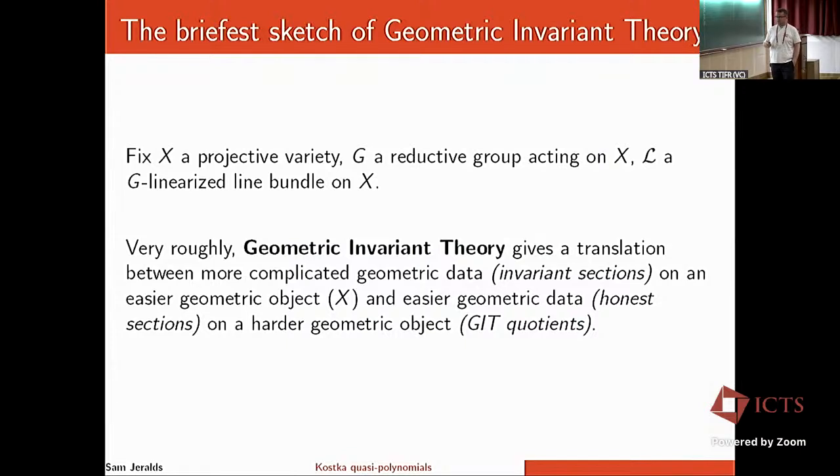So we have an easy geometric object, but complicated data, and we are going to replace it with easy geometric data, which is just honest-to-God global sections of a line bundle, but on a harder geometric object, which is these GIT quotients. So for the purposes of this talk, this is what geometric invariant theory is doing for us. It's a translation swapping out difficult geometric data with easier geometric data, up to the cost of having to deal with more complicated geometric objects that you're living on.